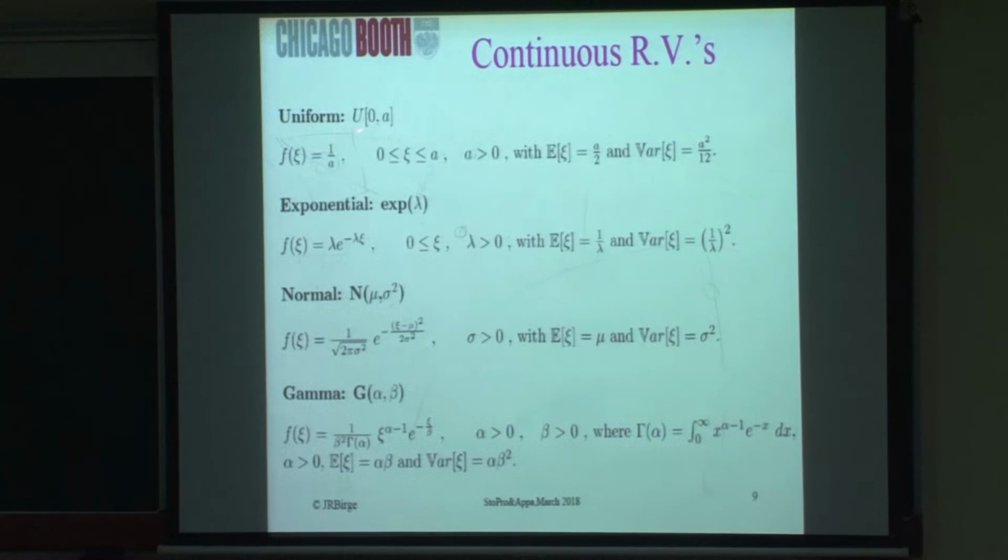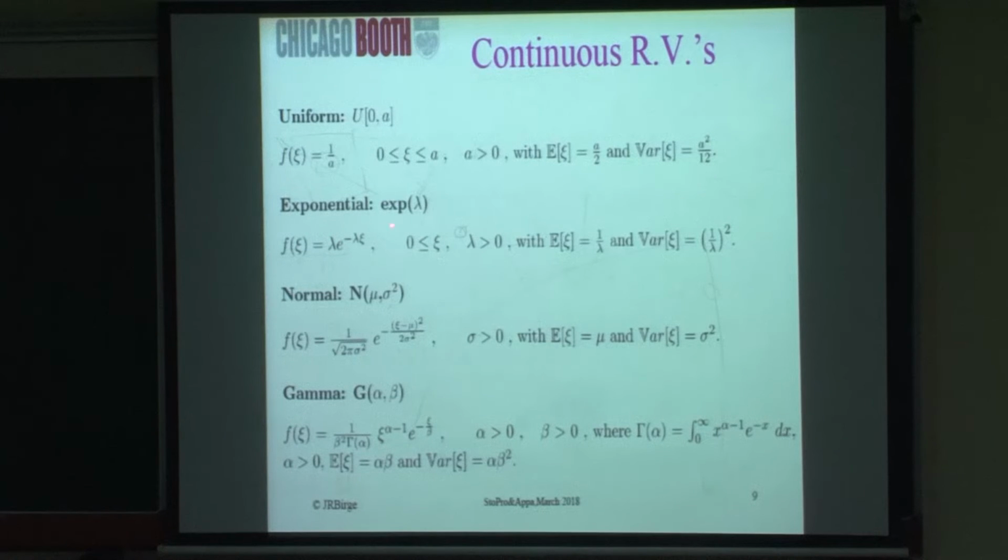So it goes between 0 and a, then it's a over 2. The difference from what I had before is that it was 1 to n, and this one's 0 to a. So 0 to a gives a over 2. And then the variance is a squared over 12.